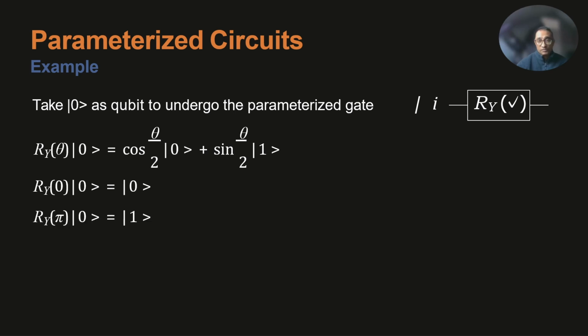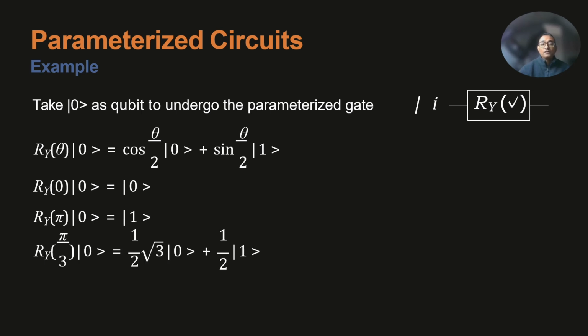You can also have, for example, theta as 180 degrees or pi, and in this case you will have cos theta/2, which is cos 90, which is 0, and sine theta/2, sine 90, which is 1, and there you end up getting the 1 state as output. You can play with these parameters as many times and with as many discrete values as possible. So this becomes quite handy.